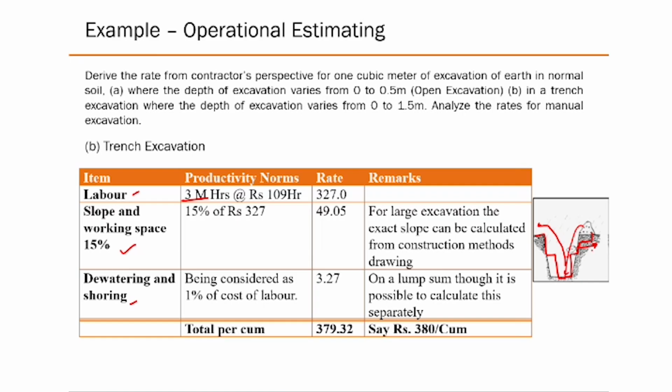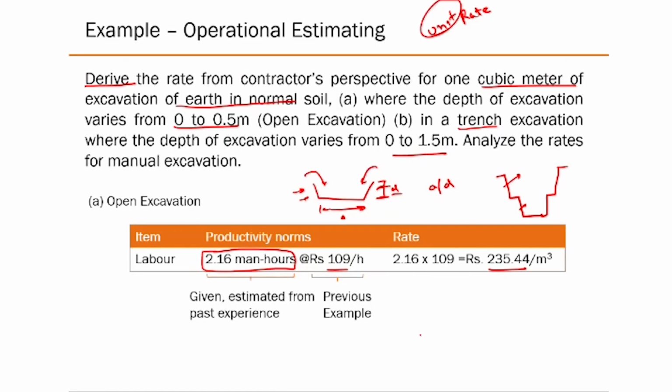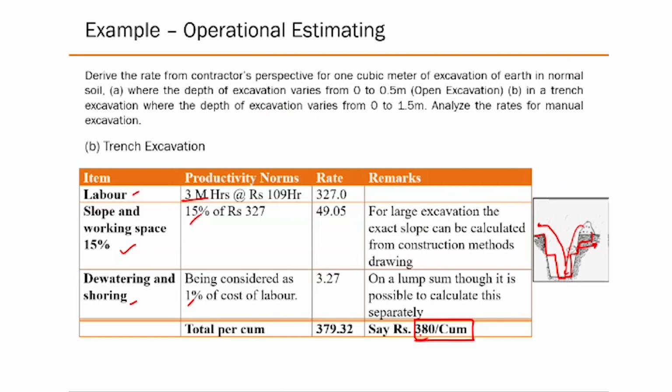So there is some cost associated with that also. Again, we are assuming that all these values are given to you here. That's where the real challenge is, but I'm just giving you some idea around that. So you will see on average your trench excavation is, compared to 240 here, about 380 per cubic meter. Right?